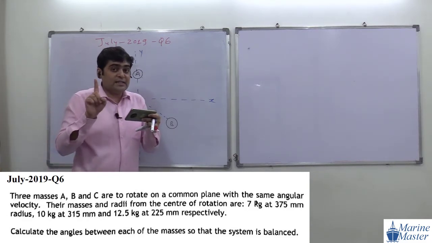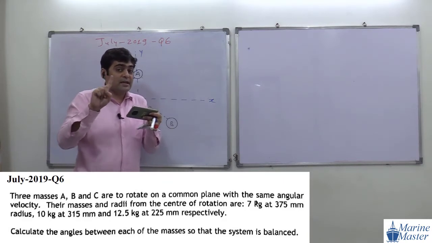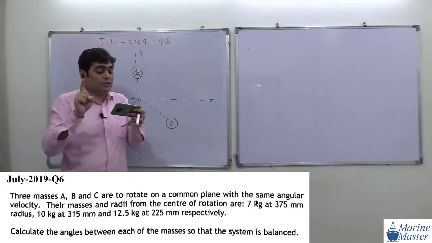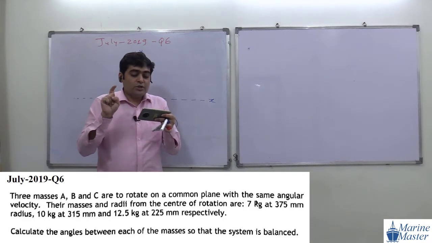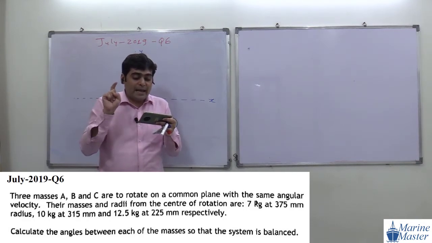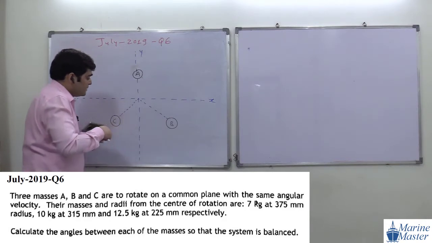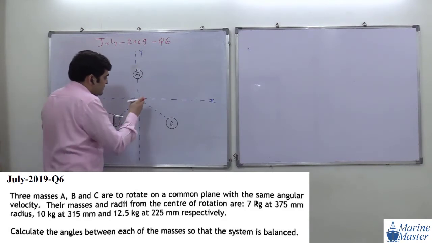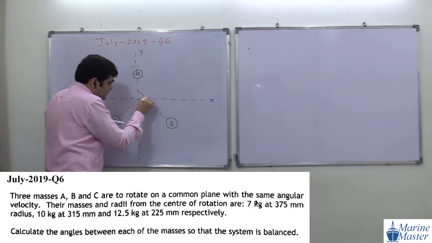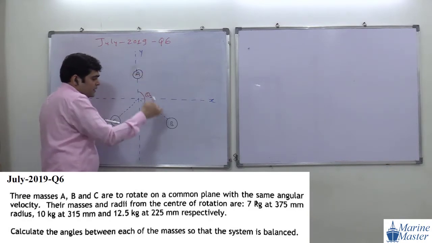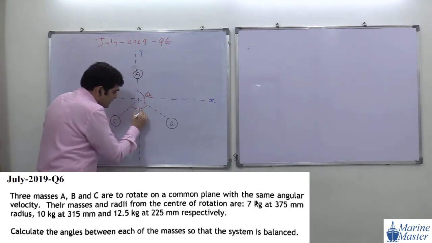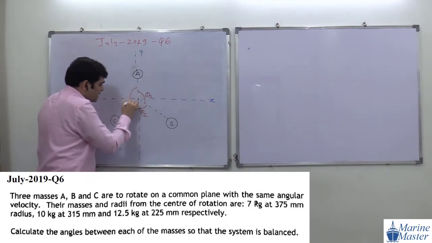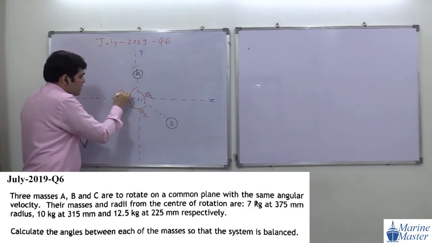And what they are asking in the question: calculate the angle between each of the masses so that the system is balanced. See this angle, we will say theta 1, the angle between A and B. Then the angle between B and C is theta 2, and the angle between A and C is theta 3.